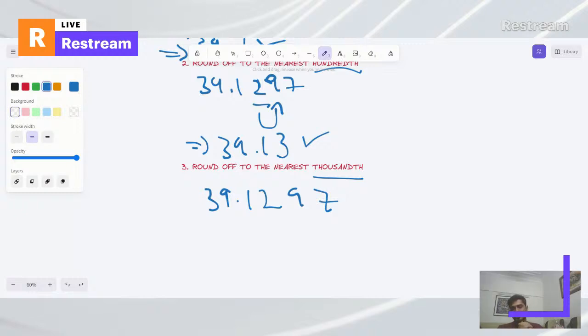Let's come on, just quickly, it's your chance. 39.120? No, I don't think that's the correct answer. You are on the right track, but you've missed one digit. It's not going to be 20.